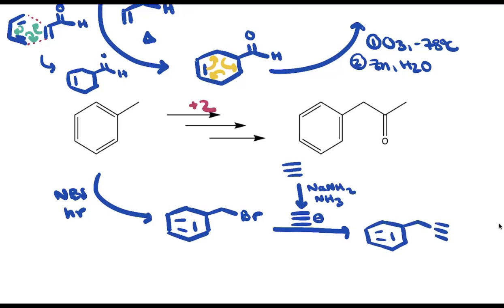Okay, and then now we have the carbons that we want. We just want to try and get this carbonyl over here. Notice that the carbonyl is in the Markovnikov position. So the only reaction you know that would do that would be water and sulfuric acid. If you use 9-BBN, you'll get the aldehyde, not the ketone.